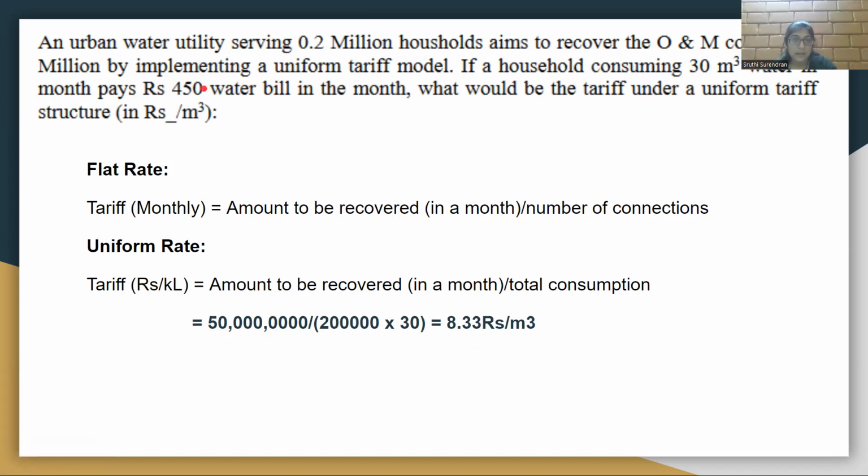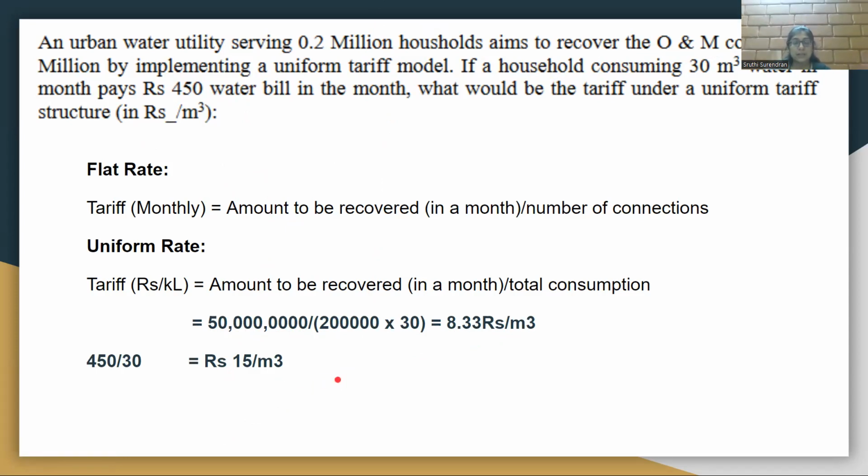But then again, if the person is paying a 450 water bill in a month, when we divide 450 by 30, we get rupees 15 per meter cube. I believe it is the largest charge that is being considered to recover the amount. So rupees 15 will be the correct answer.